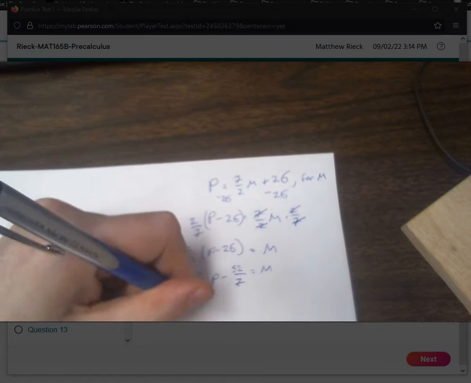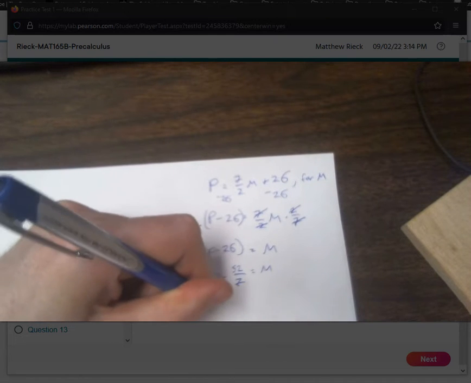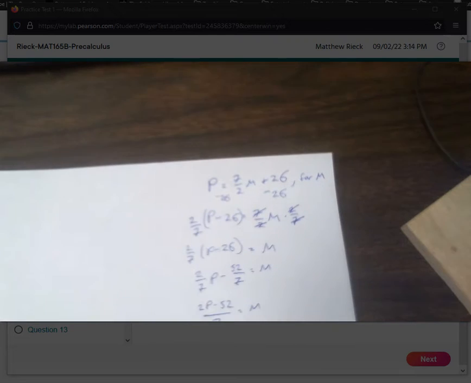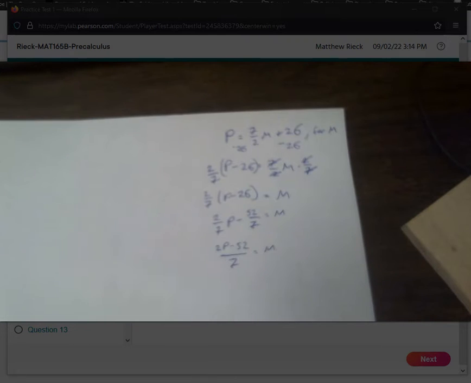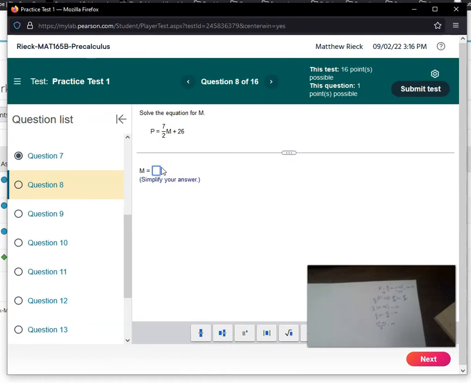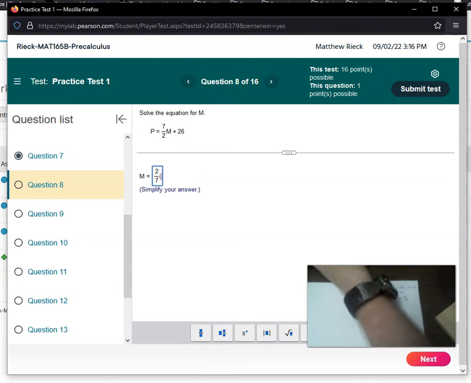I'm fine if you have it all in one fraction, so you could have 2P minus 52 over 7. Whichever form you want to write it in doesn't really make too much difference to me. 2/7 times P minus 26.